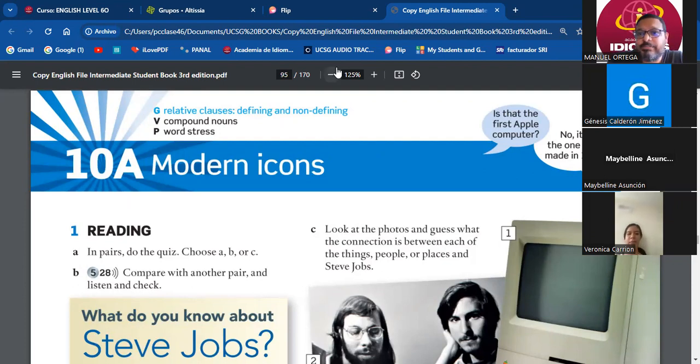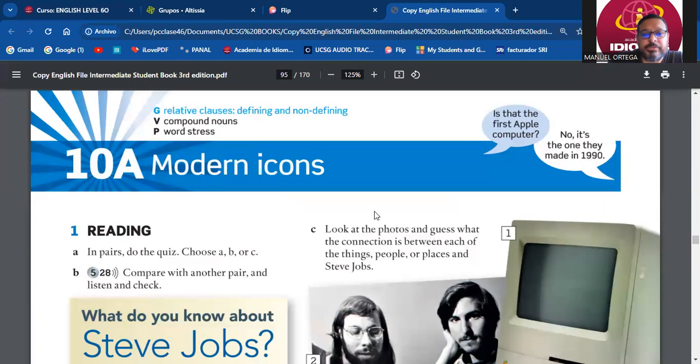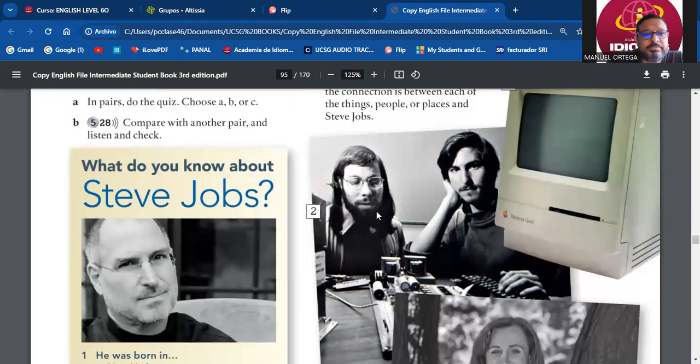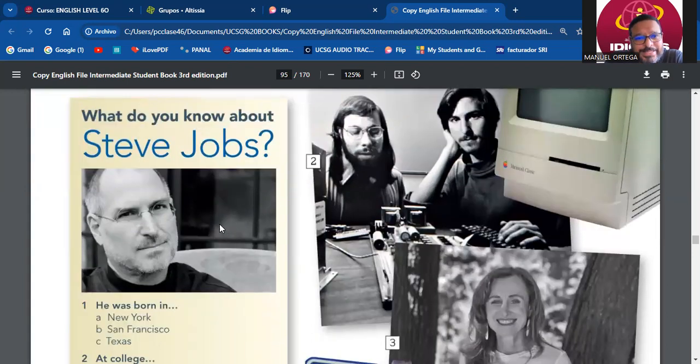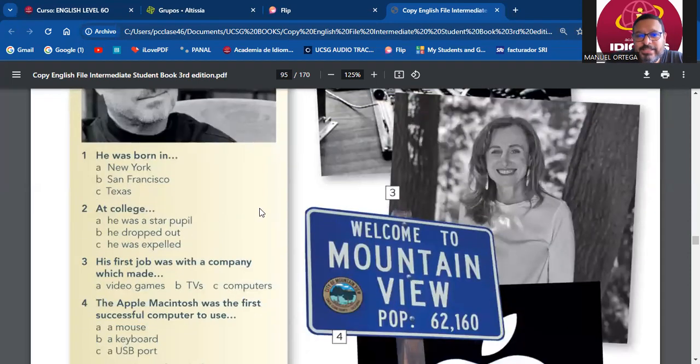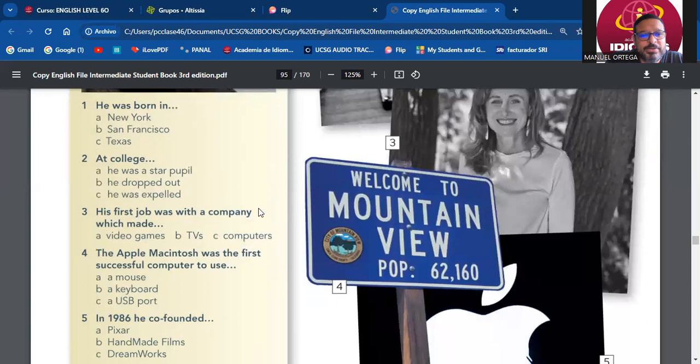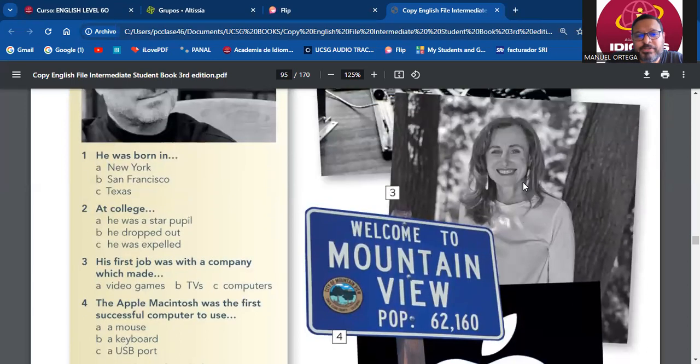As you can see, the first one that appears as a character is Steve Jobs, whom I suppose most of you are familiar with, a person related to the creation of one of the iconic brands in the history of humankind. Then there are other people that we are going to discover.